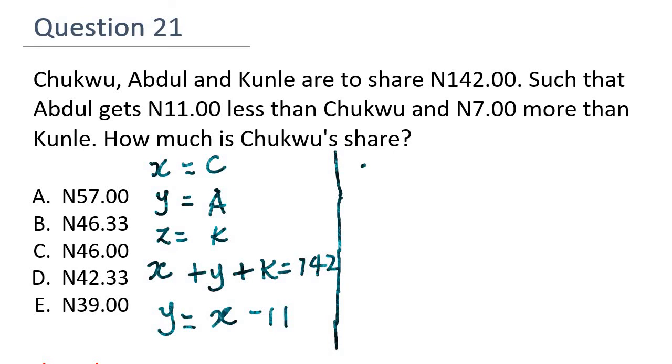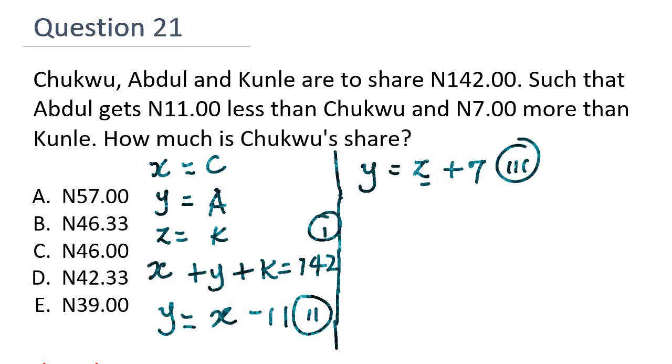Same Abdul, Y got 7 more than Kunle, which is Z. Now let me put them in equations. Let this be 1. Let this be 2. Let this be 3.